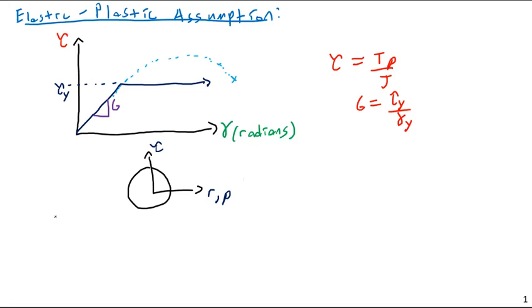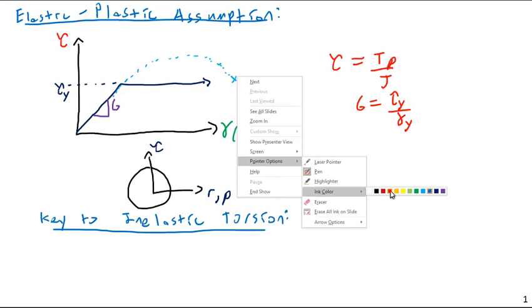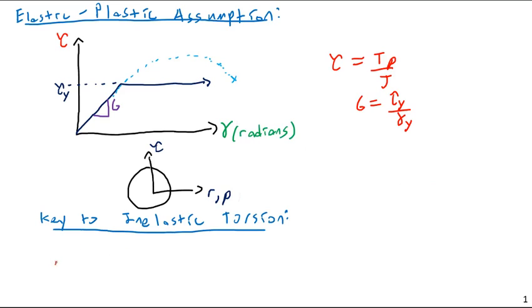But the key to inelastic or plastic torsion is as follows. This relationship here is what will allow us to really fully analyze inelastic torsion. So this is our guiding relationship here.